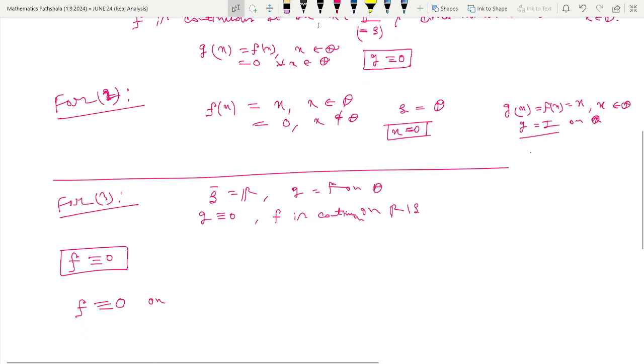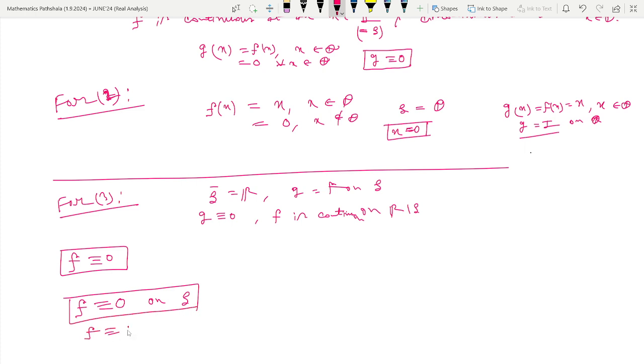We are given any dense set S and g coincides with f on S. So on S we are given g equal to f and g equal to 0. So f equals 0 on S. So this we have. So we need to prove only f is identically 0 on R minus S. If we can prove this, then this result will be proved.